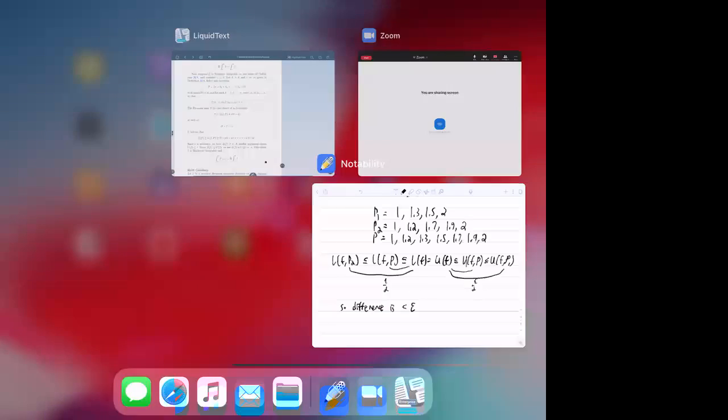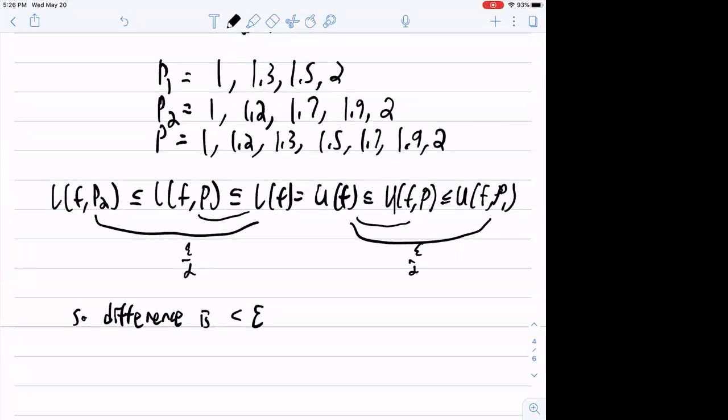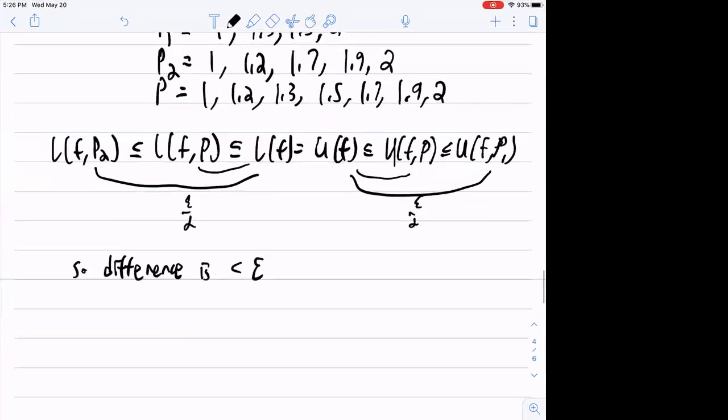Okay. So there's another theorem which is something similar. Again, you use whichever one you like. It's pretty much equivalent. F bounded.